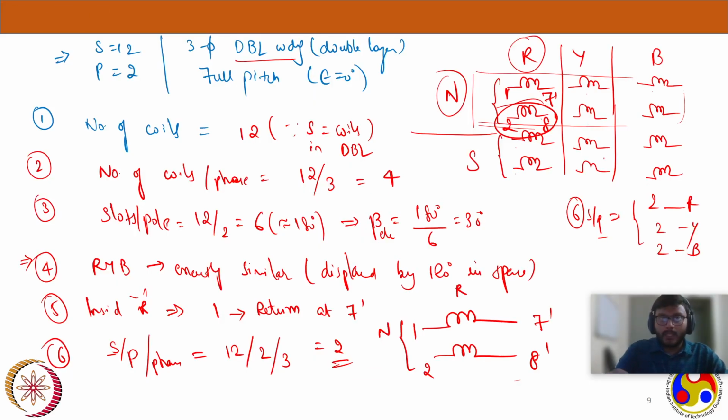Now if you see, under north pole these two are done, and under south pole we have two more coils left. We have to find in which slot we will place the first coil of this one. I am just drawing here, these two are under south.